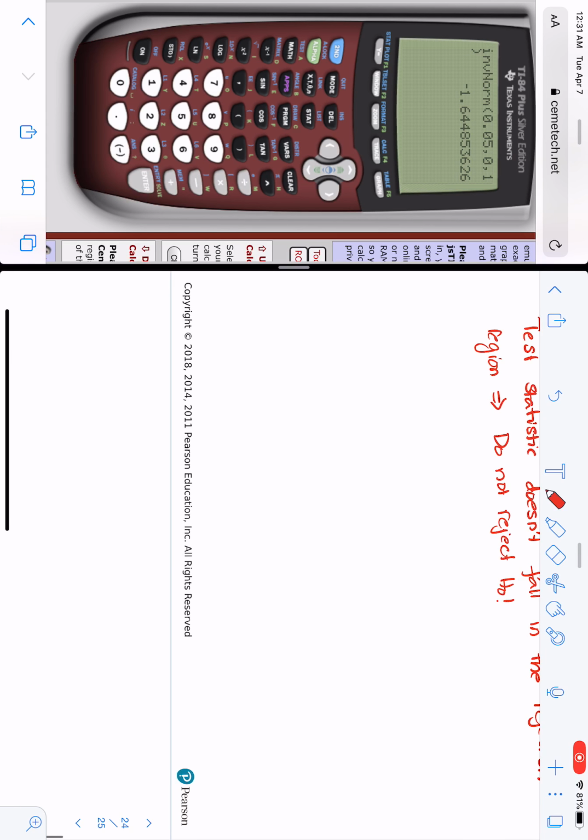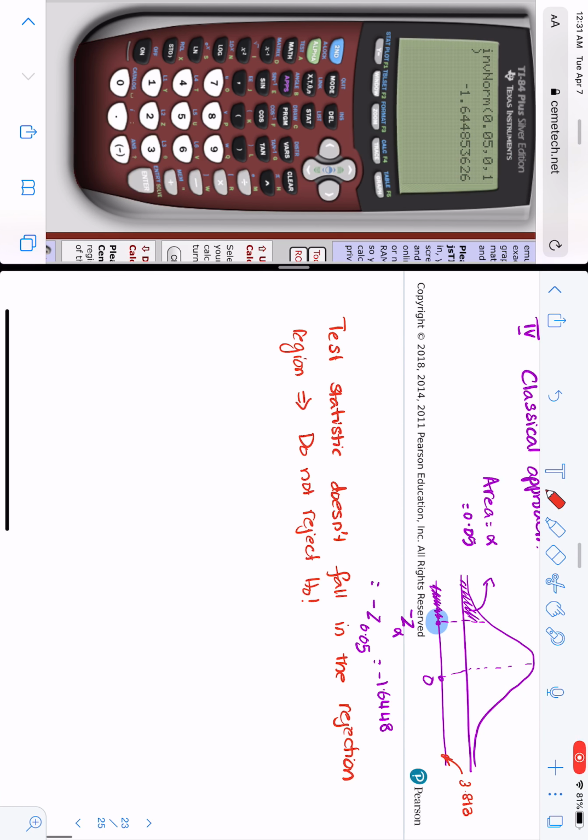If we use the p-value approach, keep in mind, if the definition of the test changes, naturally the p-value will change. So I'm going to change the definition to less than p naught because it's a left-tailed test.